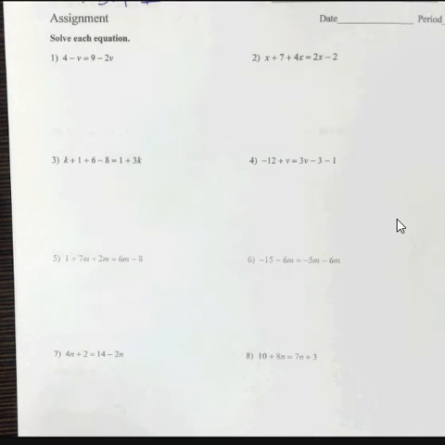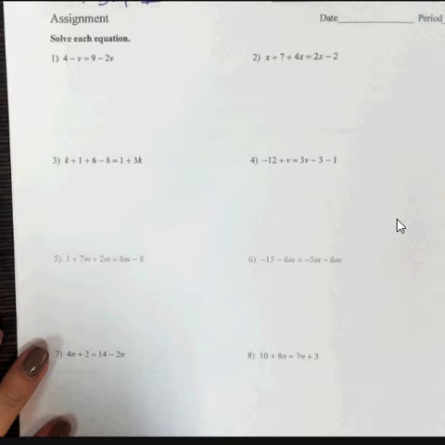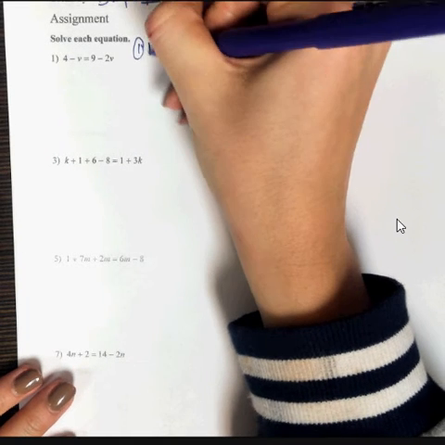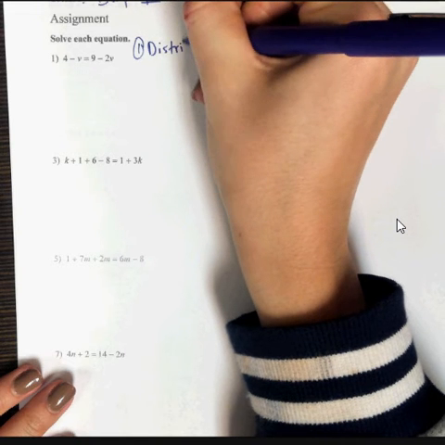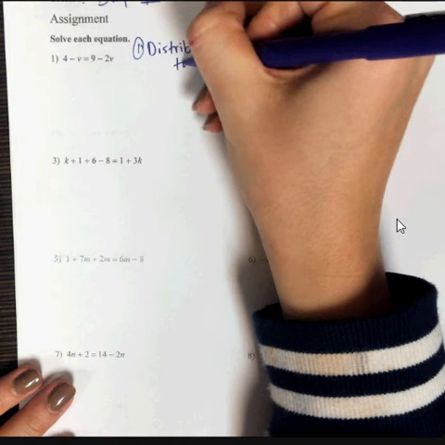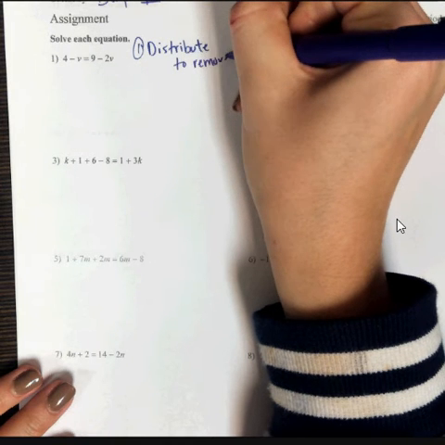So whenever we solve an equation, there are a couple things we told you to look for. So step 1, distribute to remove any parentheses.